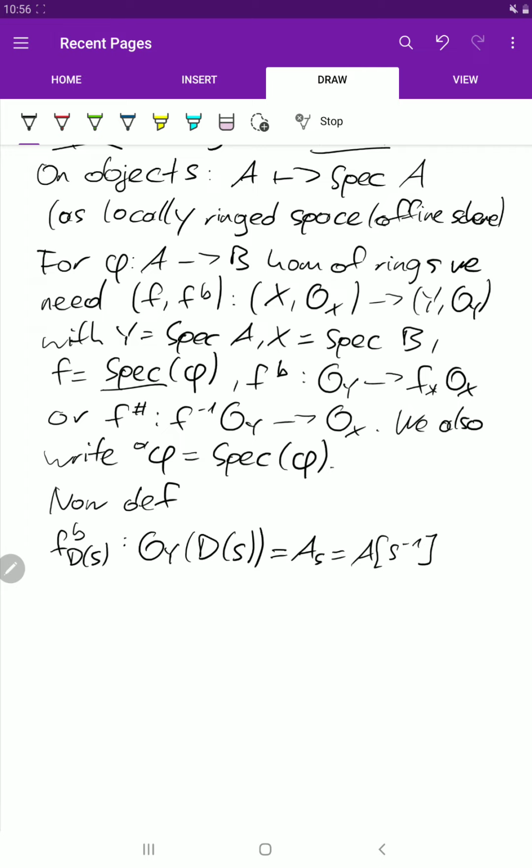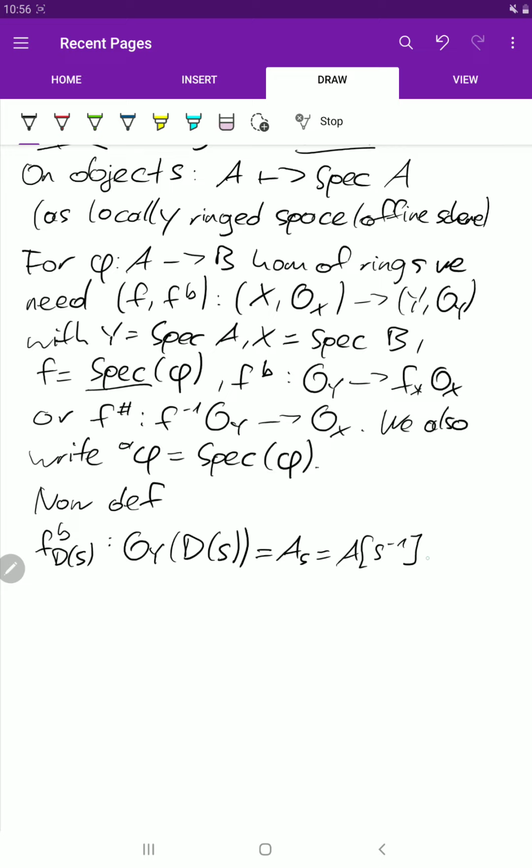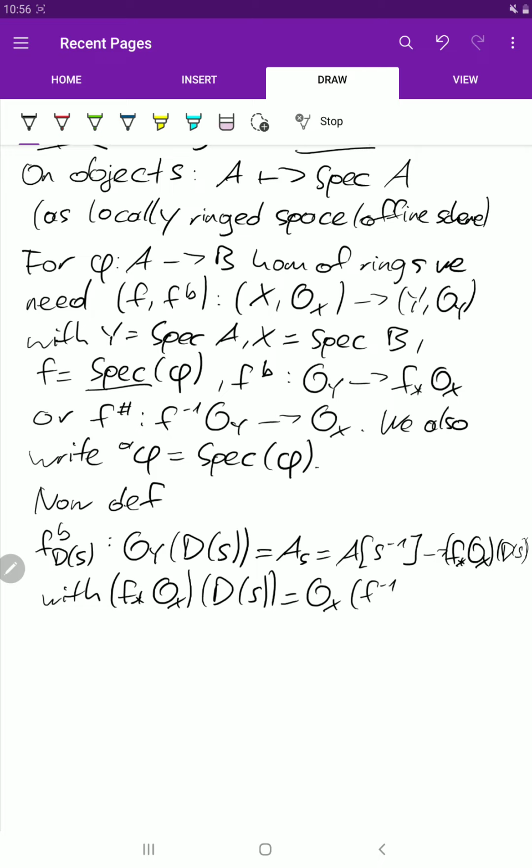And we need a morphism into the direct image, O_X of D(s). And now let's see what the right hand side is. So D(s), that's just by definition O_X of the inverse image of D(s).